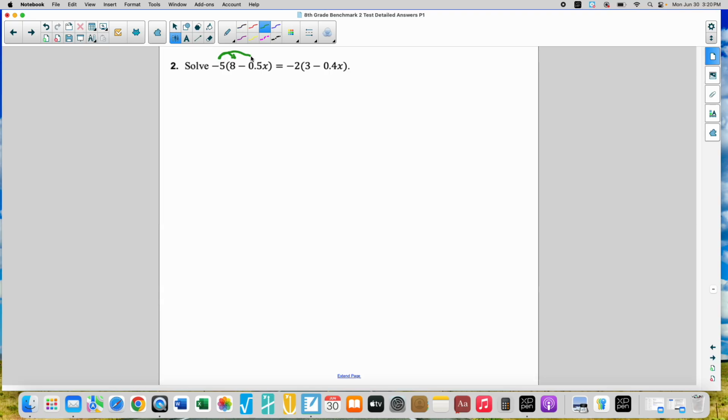We'll distribute this -5 times each of these terms in here, and we'll take the -2 times each of the terms inside here. -5 times 8 is -40. -5 times -0.5x: first of all, I know it's going to be positive, and I know that it's going to be 2.5x, because 5 times 5 is 25, and then I have one decimal place. -2 times 3 is -6. -2 times -0.4x is going to give me a positive, a negative times a negative. 2 times 4 is 8, and then I have one decimal place.